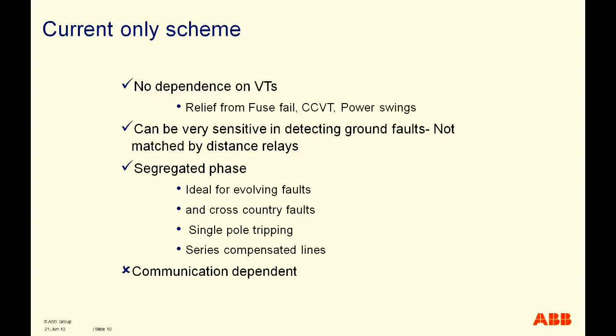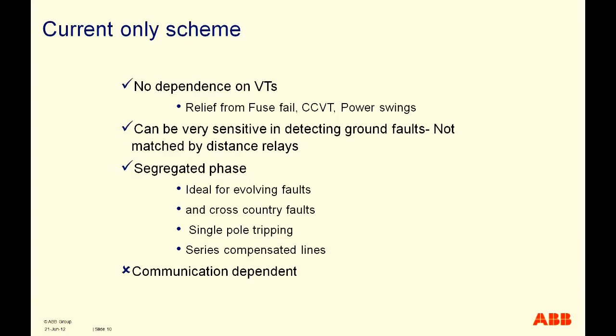As it calculates the differential as well as the stabilization current values per phase, the information is phase segregated, and it is ideal for evolving faults as well as cross-country faults.